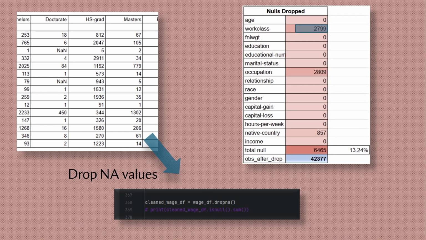As you can see here, we calculated all of the null values that were dropped from the set, which resulted in taking out 6,465 observations, which left us with 42,377. And we started with 48,842. So that was about 13% of the data that we got rid of, which is okay.